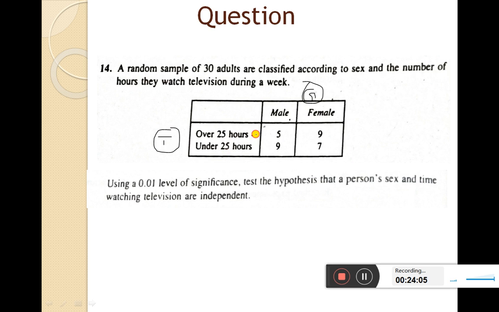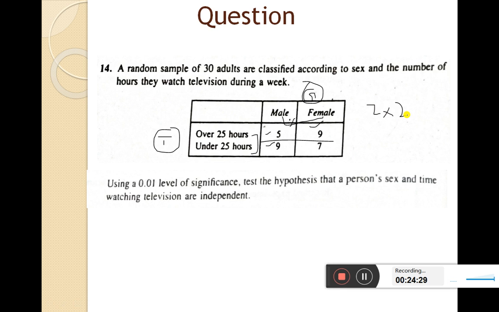Since there are two levels each, that is known as 2 cross 2. Simply stated, when you have two rows and two columns, it is known as your 2 cross 2 contingency table.